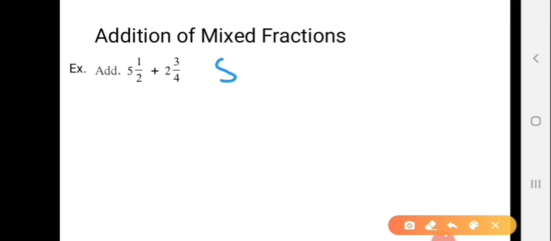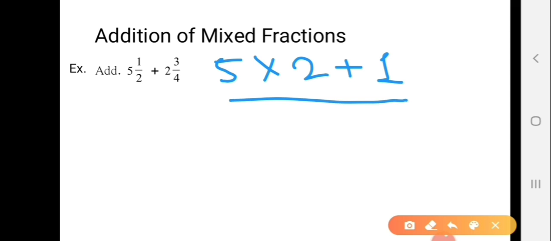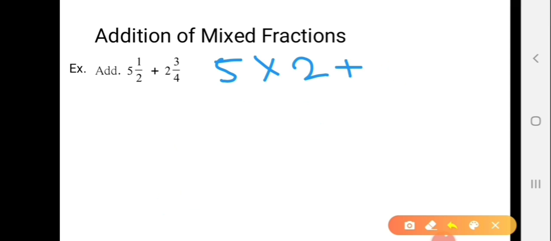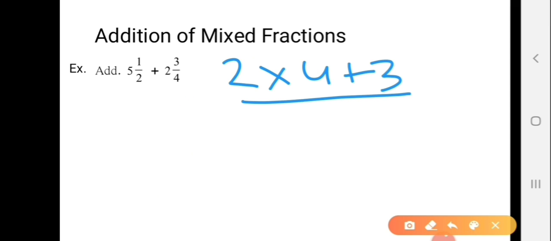Okay, so 5 multiplied by 2 plus 1 by 2. So 5 multiplied by 2, 10, plus 1, 11 by 2. I will just note down in my book, 11 by 2. Now there is 2 multiplied by 4 plus 3 by 4.